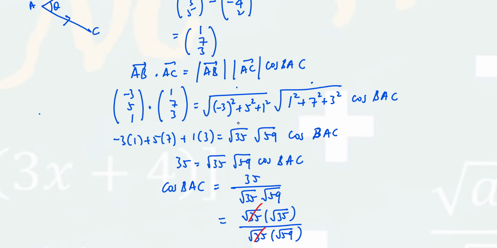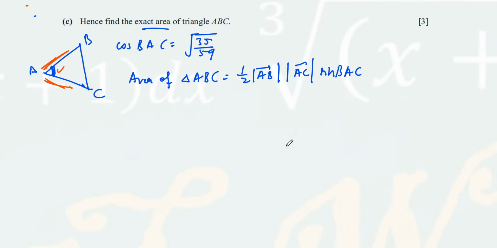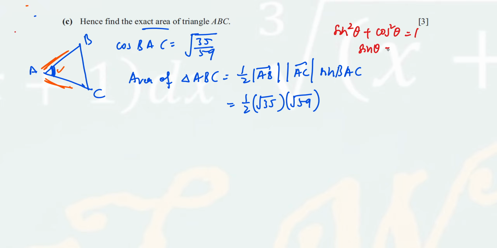The magnitude AB and magnitude AC we have found just now: square root 35, square root 59. So here I will write square root 35 and square root 59. For the sine, we need to use the identity: sine squared theta plus cos squared theta is 1. So sine theta is the square root of 1 minus cos squared theta. So here I will write square root of 1 minus cos squared BAC.